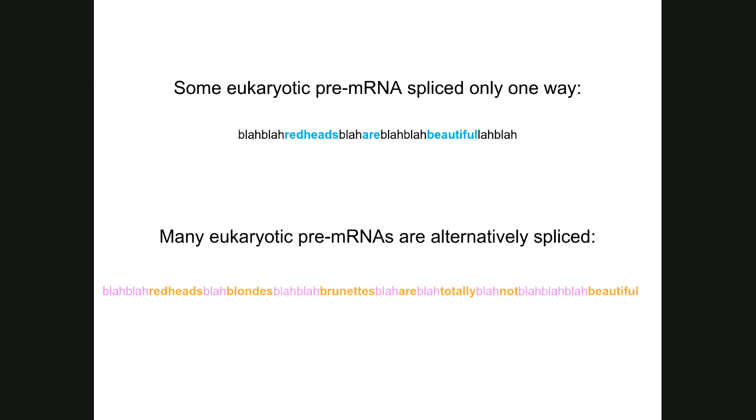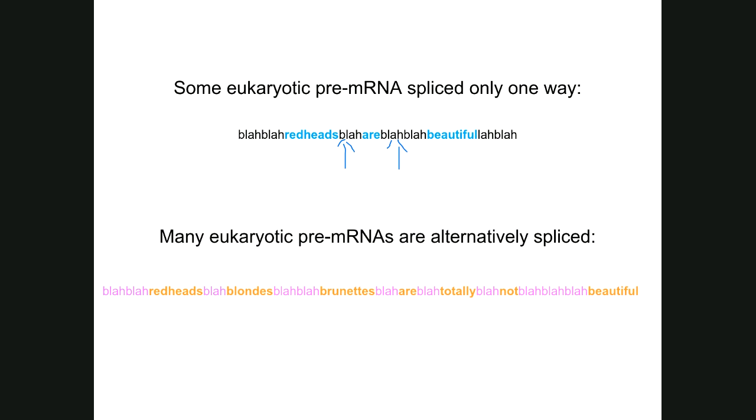when it's transcribed into pre-mRNA, that pre-mRNA is sometimes very simple, where when RNA splicing occurs, the areas here that say blah represent the introns are spliced out, and then we end up with redheads are beautiful. In other words, the exons are put together.